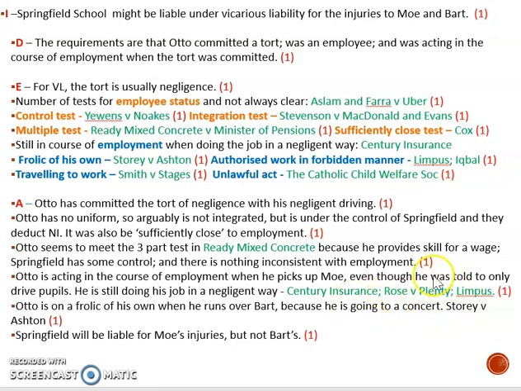So, for example, in Rose and Plenty, the milkman was told not to allow school children to jump onto the milk cart and help him deliver milk. He ignored that and a child was hurt. The employer was still vicariously liable even though he'd been told not to do it. So that is just like what's happened with Mo.